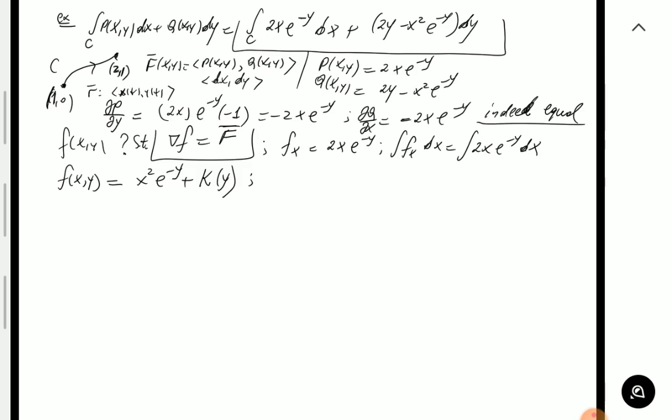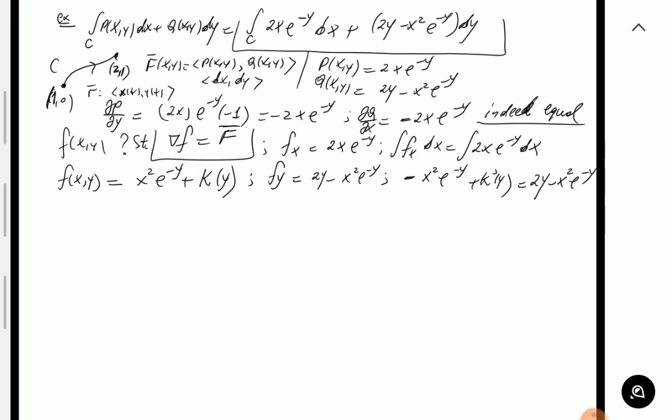Now let's find k of y by matching the second partial derivative. So f_y should match 2y minus x squared e to the minus y. So now differentiate the potential with respect to y. I get minus x squared e to the minus y plus k prime of y. That should be equal to 2y minus x squared e to the minus y.